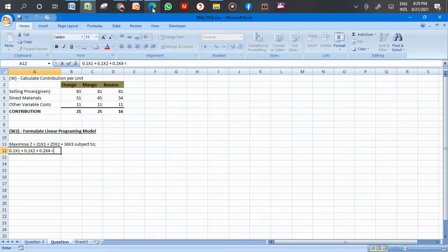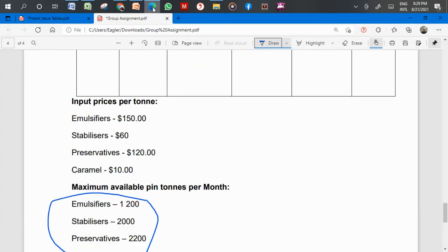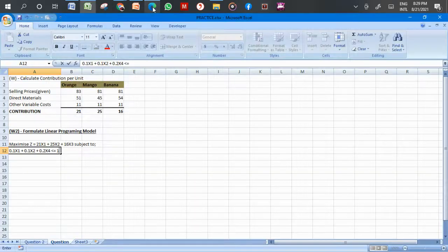This should be smaller than or equal to, what units do we have here? It should be smaller than or equal to 1/200. Okay, that is our first constraint.